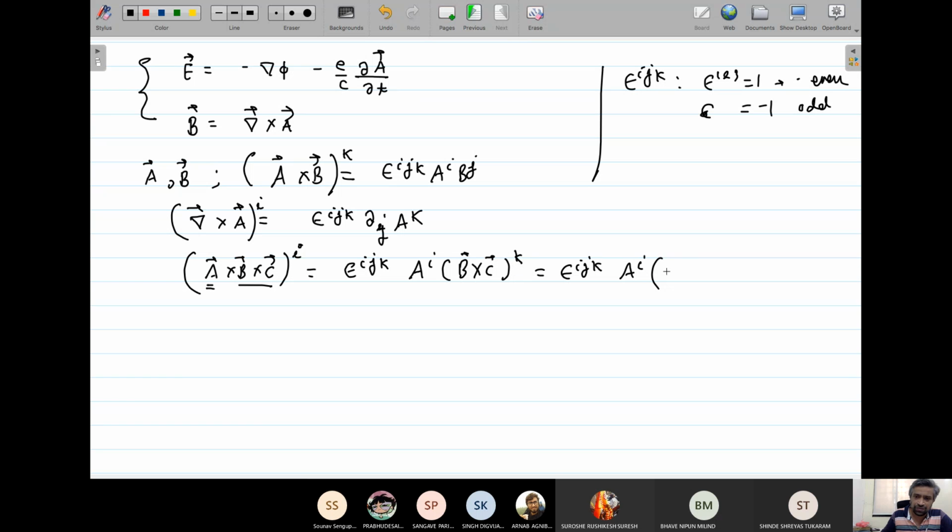The kth component of B cross C will be epsilon klm b_l c_m. So we should know how to combine two epsilons, epsilon ijk and epsilon klm, and note that there is a sum over k involved. a_i b_l c_m.